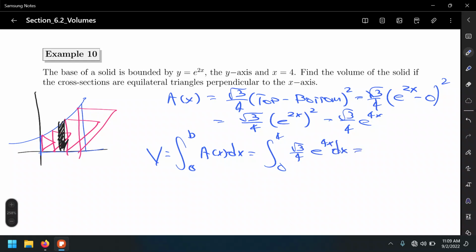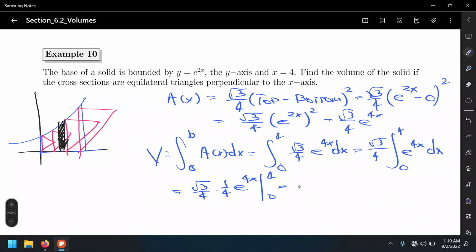To get this integration done, how about we get the constant outside of the integral to make our lives easier, and just focus on the exponential that we want to integrate. The integral of an exponential is always itself, times the reciprocal of the constant. So that's 1/4 e to the 4x from 0 to 4.